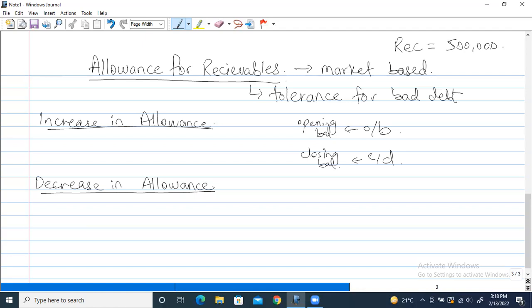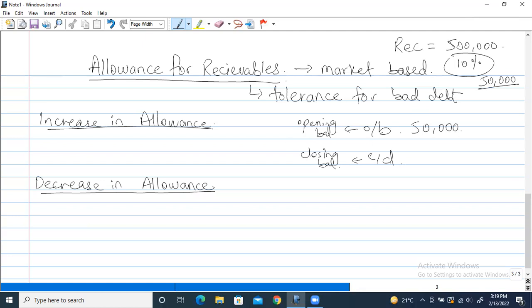This is again a market based figure, so all the valuers or different departments sit together and ascertain this percentage. Let's say the opening receivable allowance was 10%. This means that 10% of 500,000 will be 50,000, right? So opening I'll write over here as 50,000.